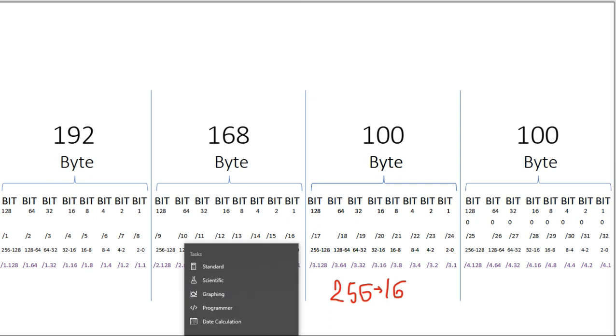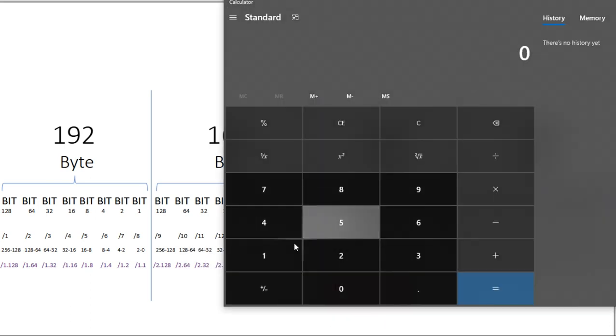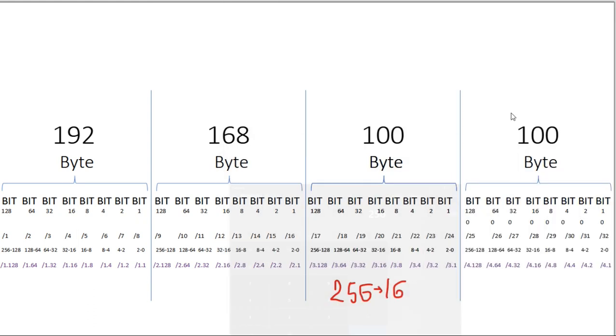Let's see. Is it 16 times 16? 256. So 16 networks times 16 units within each network, with each subnet. Okay, cool. So you can start counting. You can very easily imagine this in your brain.